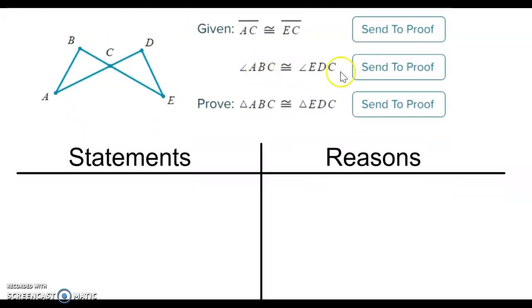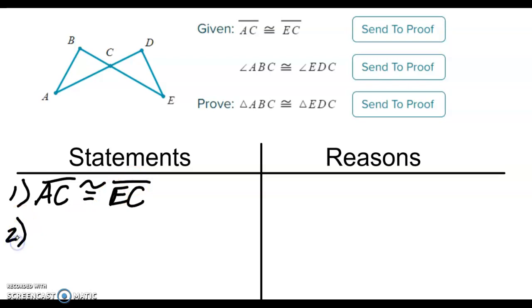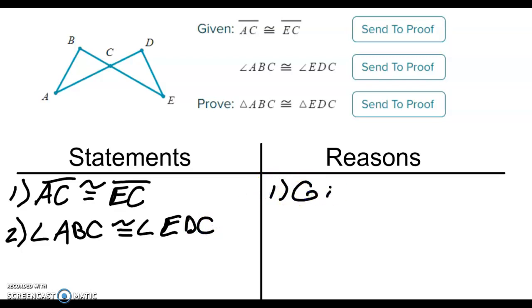And let's start off again, like we always do, with the given statement. So the first one, AC congruent to EC, and the second statement is the fact that angle ABC congruent to angle EDC, both those being given statements.